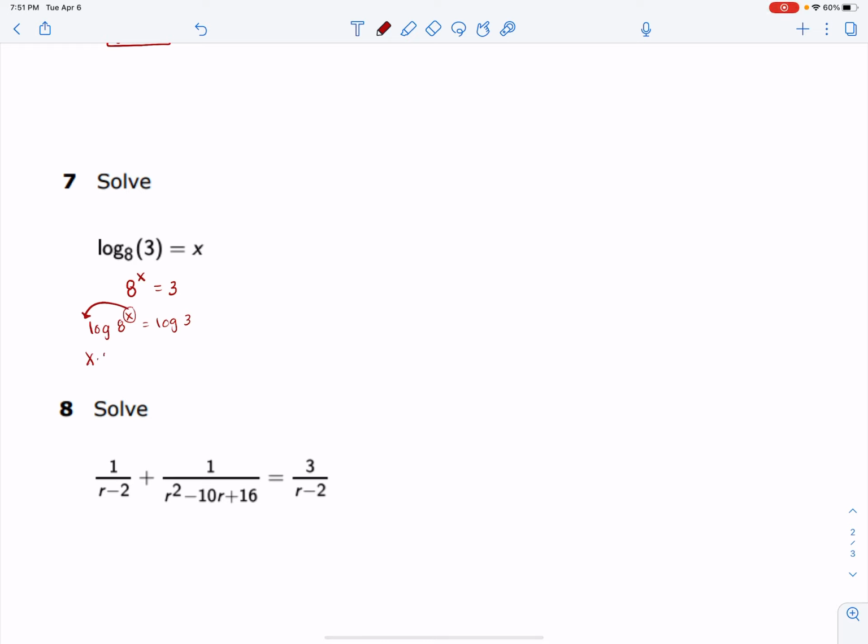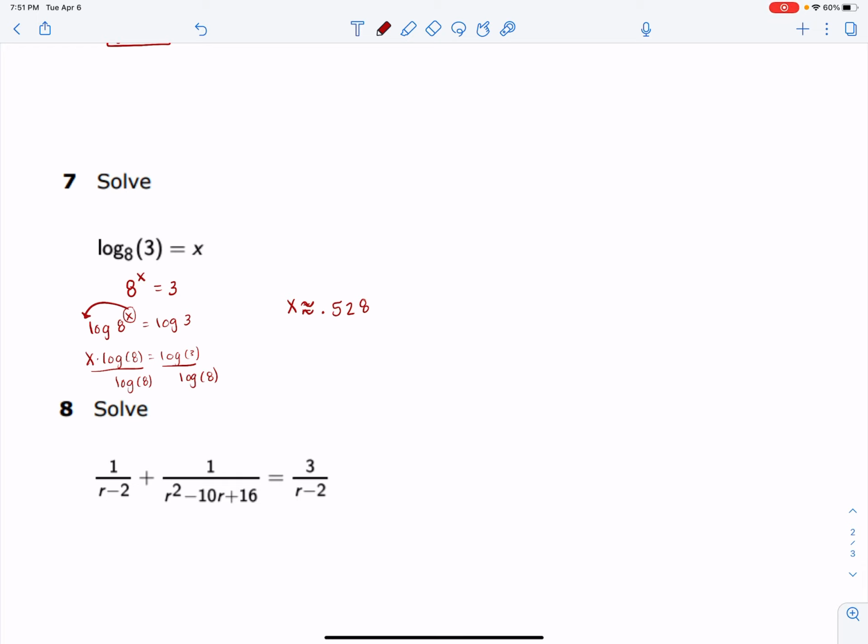So we have x times log 8 = log 3. In order to get x, we're going to divide by log 8. So log 3 divided by log 8 is 0.528. That's approximate because the decimal is longer.